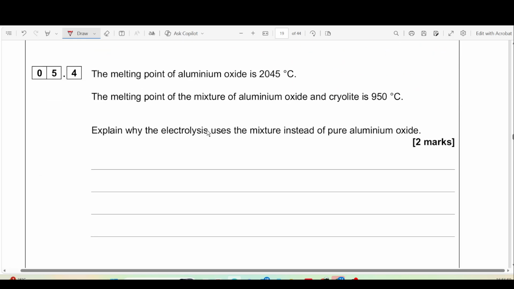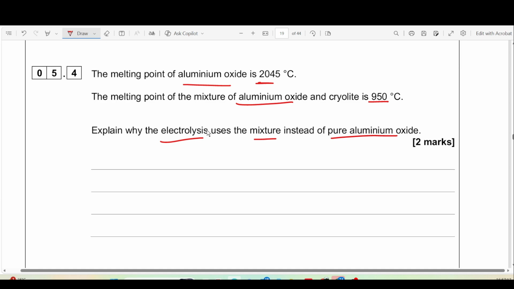Next, the melting point of aluminum oxide is this. The melting point of the mixture is this. Why does electrolysis use a mixture instead of pure aluminum oxide? Basically, to lower the melting point.